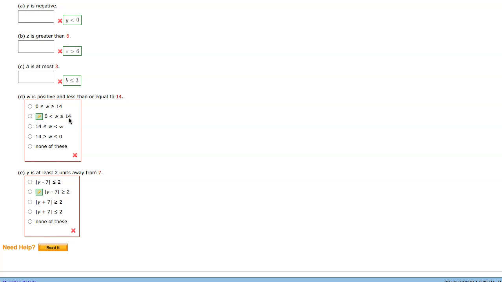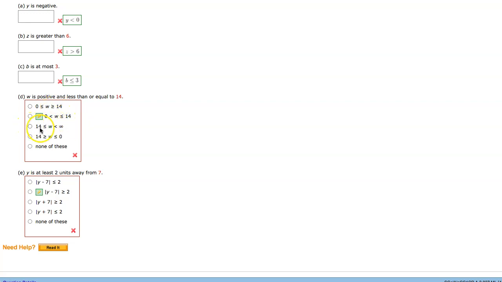That would be forbidden. w can't go at all beyond 14. You can't even do 14.0001. That's forbidden as well. 14 itself is fine, but you can't go any further. And why is 14 itself fine? Because of the equal sign. The same reason this one was fine. It's the equal sign, right?